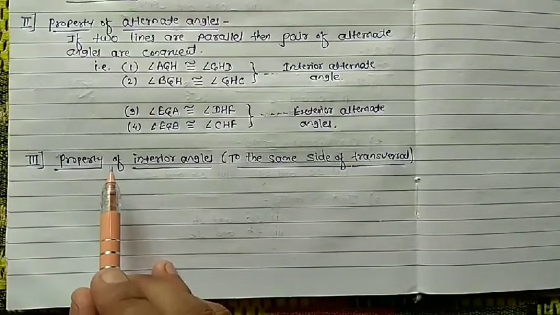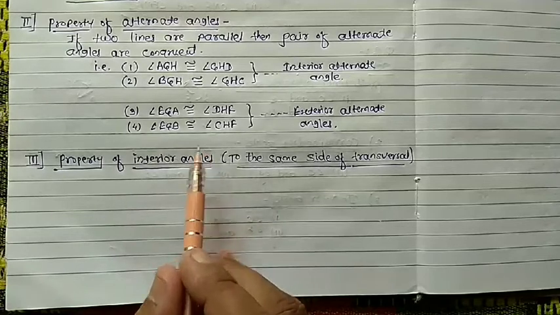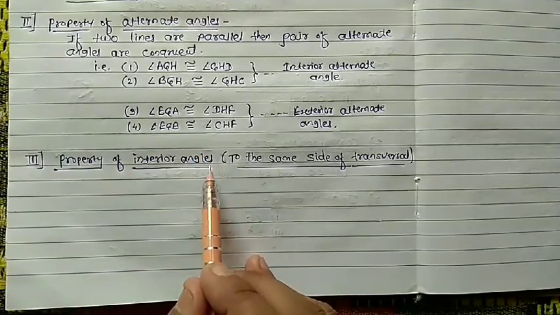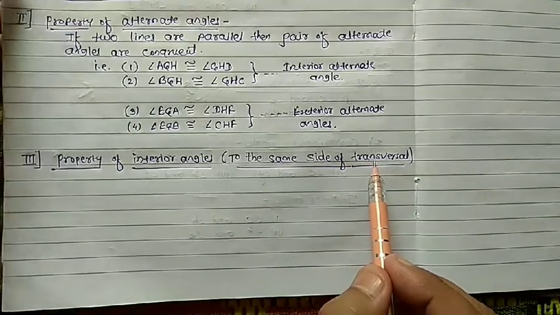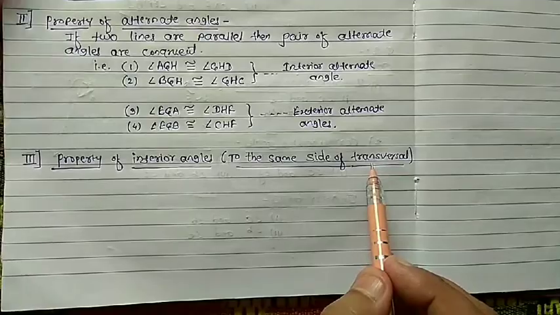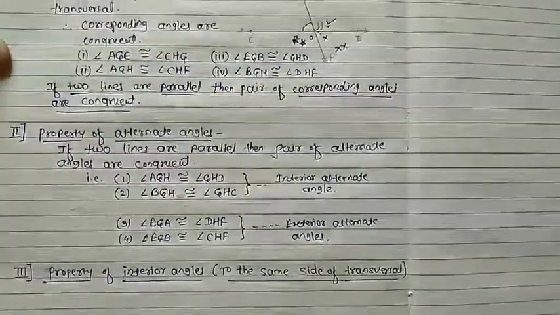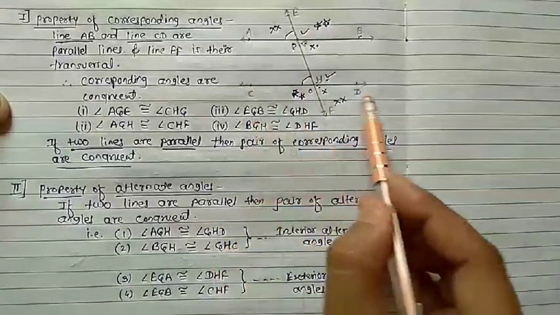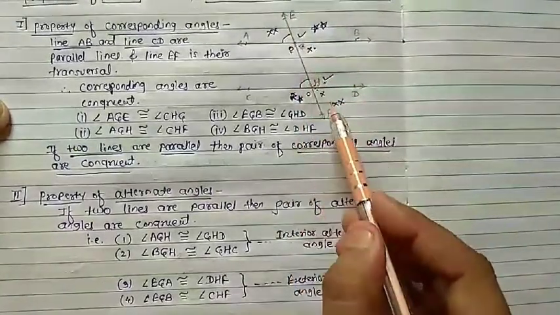Now let's see the last and final property of two parallel lines, that is the property of interior angles to the same side of the transversal. First identify which are the interior angles to the same side of the transversal. In the figure, line AB and CD are two parallel lines and EF is the transversal.